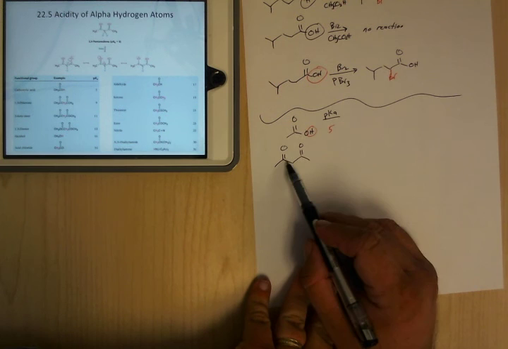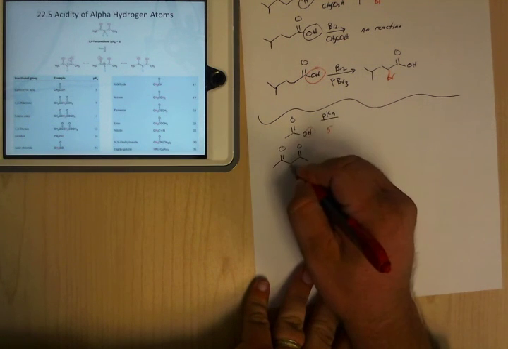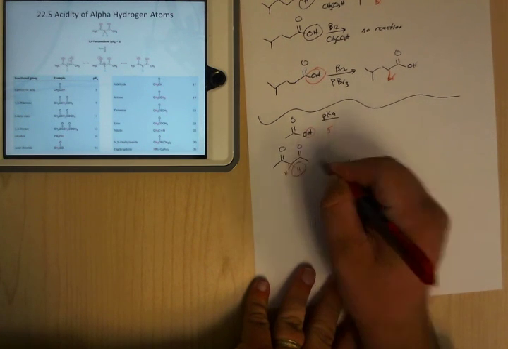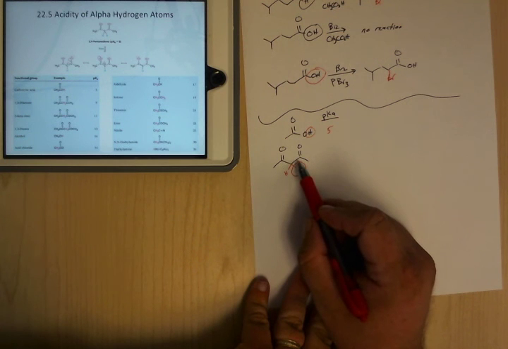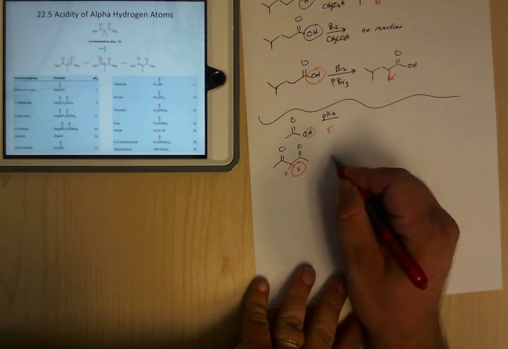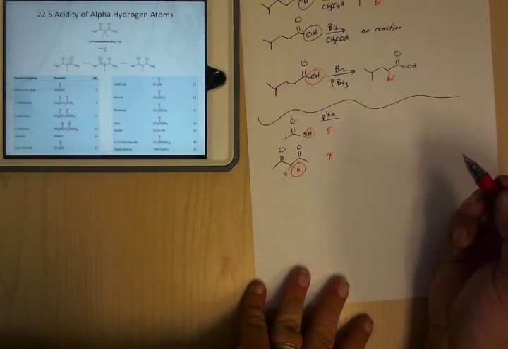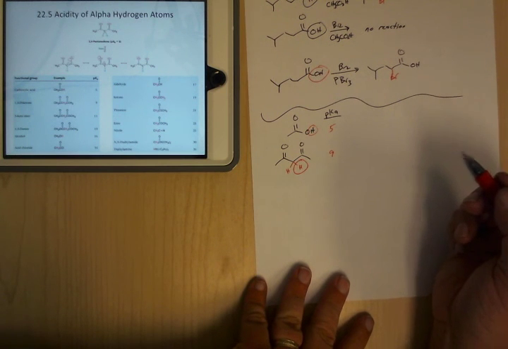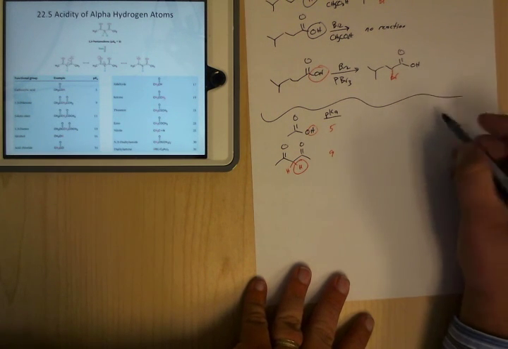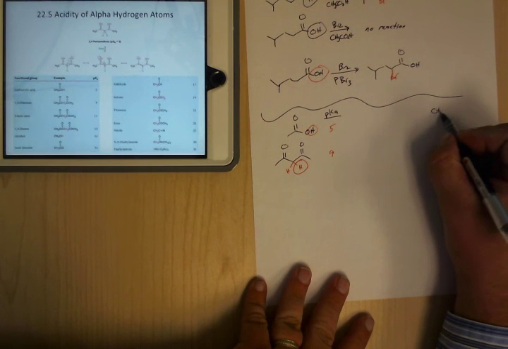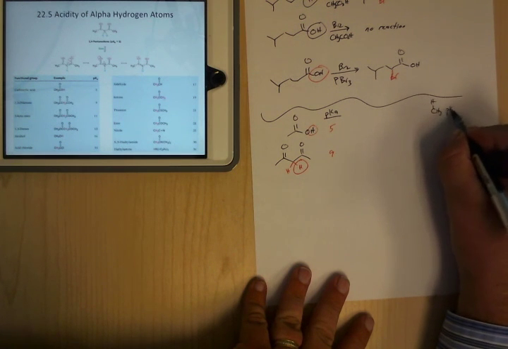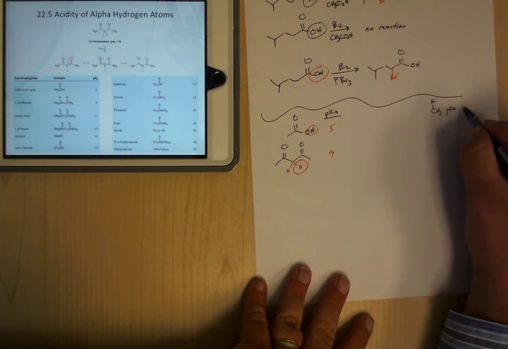With something like this, where you have one of these hydrogens next to two of them, the pKa is like 9. It's really, really acidic. You remember just a regular CH3H, that pKa is something like, I don't know, like 60, right?